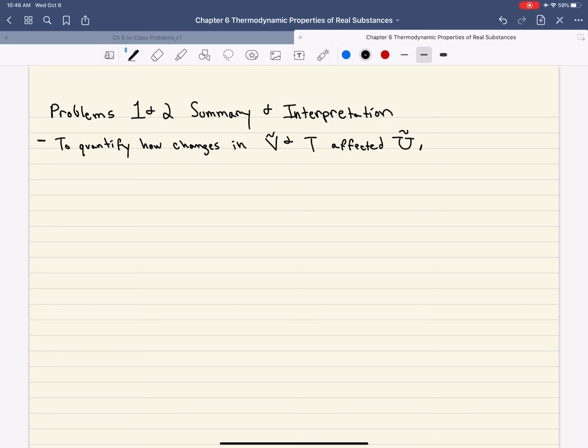And in order to develop a model to do that, we needed to apply the calculus of thermodynamics.